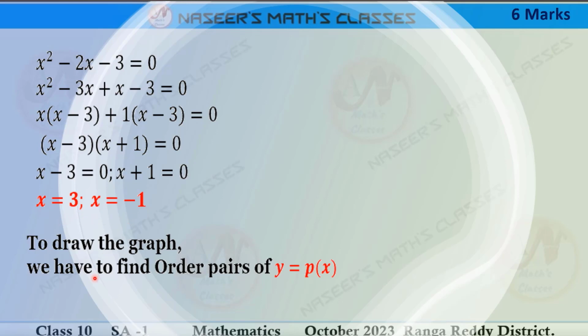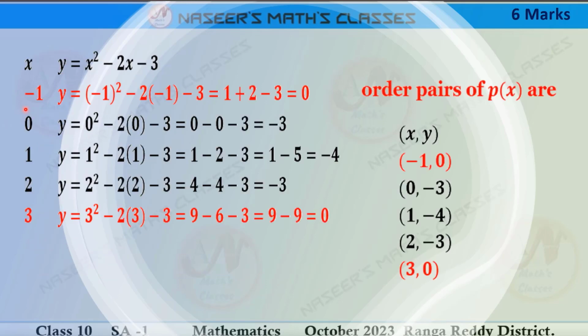To draw the graph, we have to find the ordered pairs of the equation y is equal to p of x. Take x is equal to minus 1, then we get y is equal to 0. Next we substitute x is equal to 0, then we get y is equal to minus 3, and if we substitute x is equal to 1, then we get y is equal to minus 4.